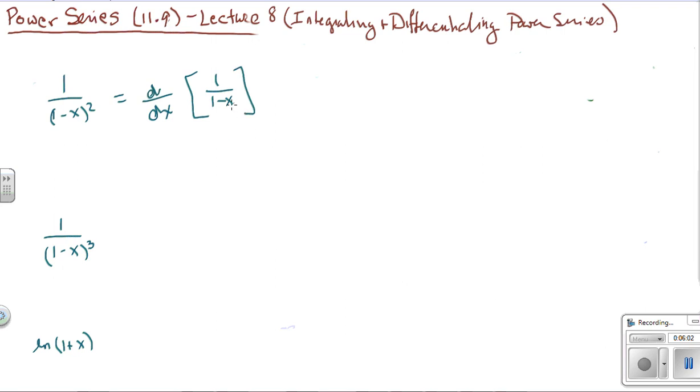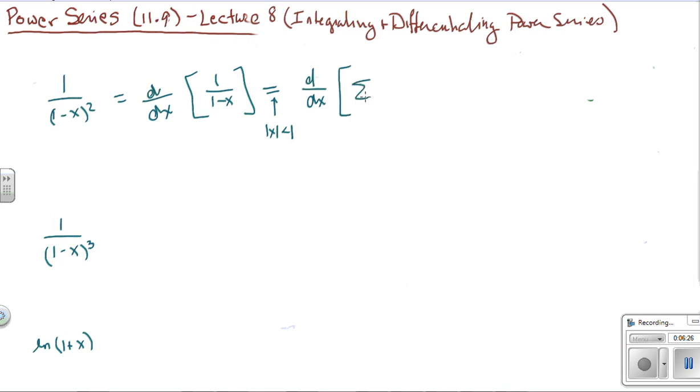So that's 1 minus x to the minus 1. The derivative of that would be minus 1 minus x to the minus 2 times minus 1, right? The derivative of 1 minus x, and that's exactly what that is. Now this one, as long as the absolute value of x is less than 1, radius of convergence is 1, this is the derivative.